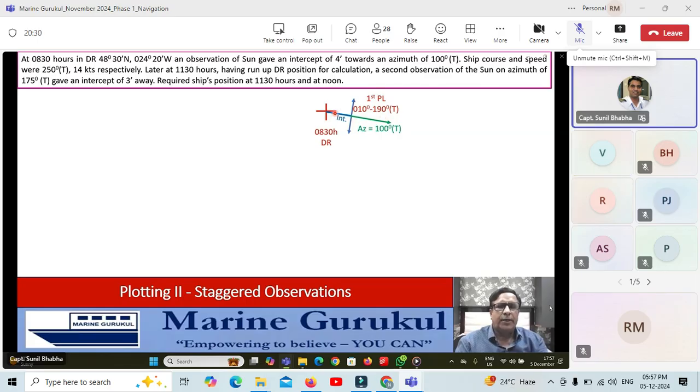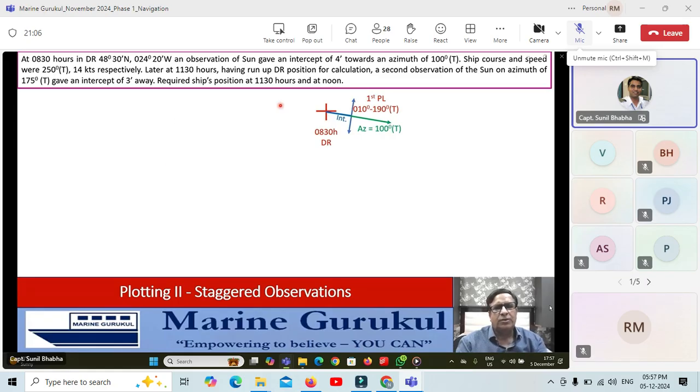Now, before you apply run, please go back to the question. It says the second observation, that is 11:30 observation, which is also an intercept observation, has been solved by using a DR, 11:30 DR, which was obtained by running up the earlier DR, that means 8:30 DR. So in this case, if I run up the ITP, yes, I can transfer the first PL, but then unless I have the 11:30 DR, I'll not be able to plot the second PL.